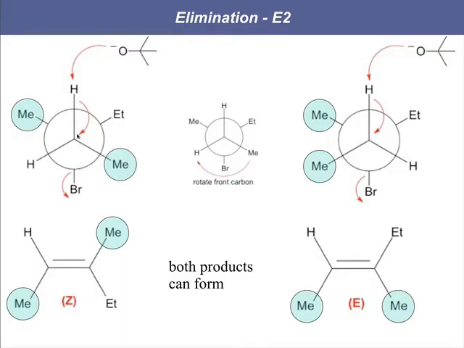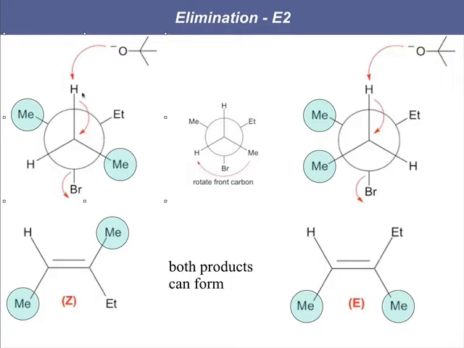Let's look here. This hydrogen, as drawn, is currently anticoplanar to our leaving group. And when this hydrogen is anticoplanar to the bromine, these methyls, you notice, are apart from one another. Or you can see it as this methyl and this ethyl are near each other.